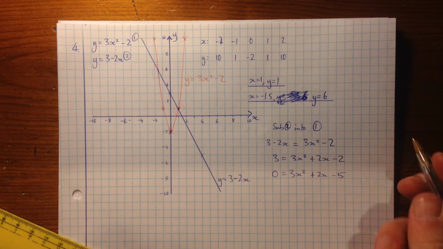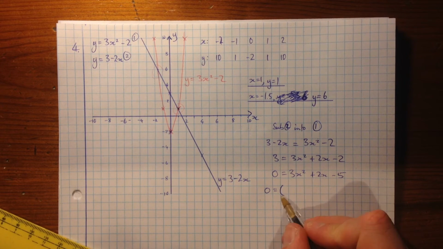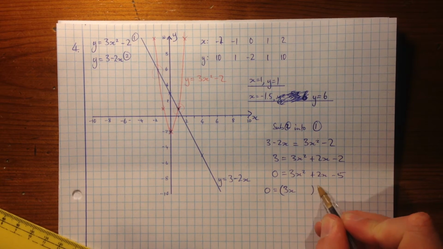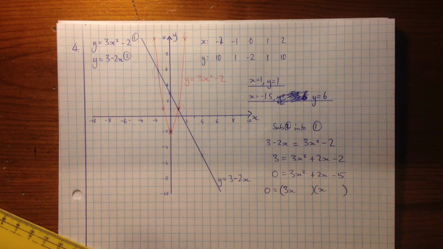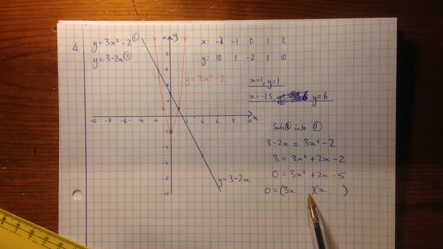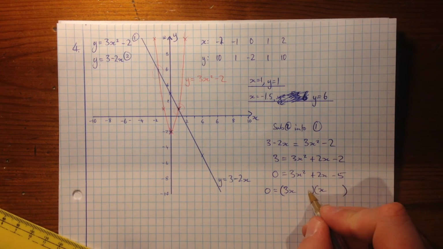Now I have to factorize, which is more complicated this time. But I know that that's got to be a 3x and an x because 3 is prime, so there's only one possible way that that can happen. And 5 is also prime, so I know that there's either a 1 here and a 5 there, or a 5 there and a 1 there. I've got to end up with 2, so in the middle I want 5x minus 3x.